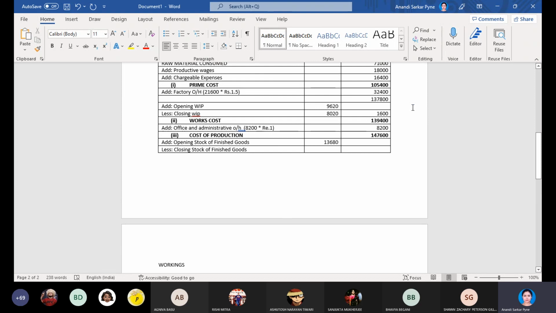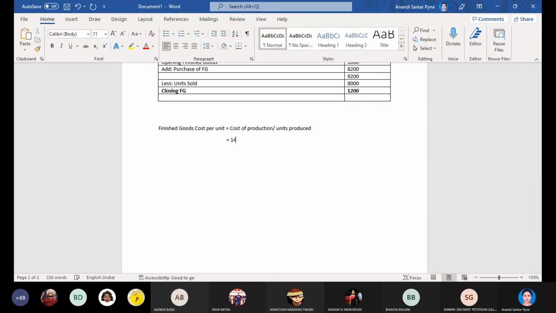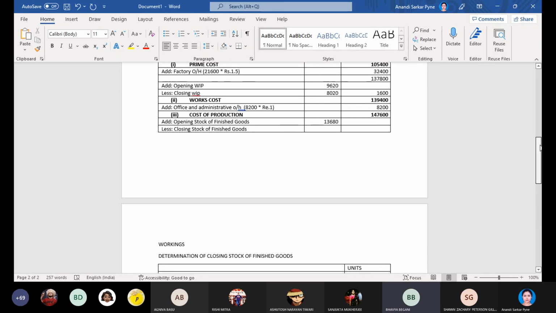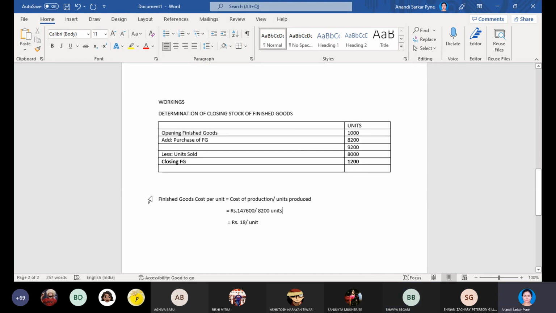So what is the cost of production? 1,47,600 divided by units produced, 8,200. So 18 rupees per unit. So therefore, rupees 18 per unit. This is workings number 1.